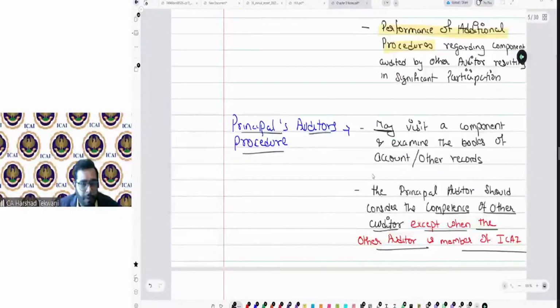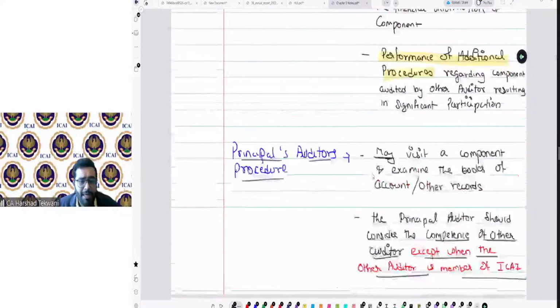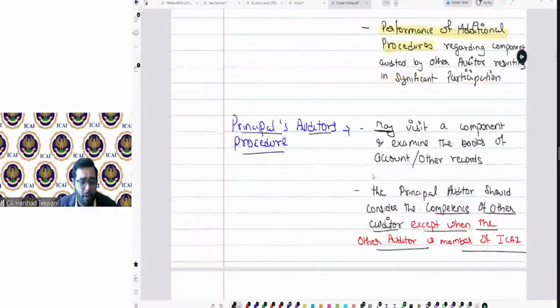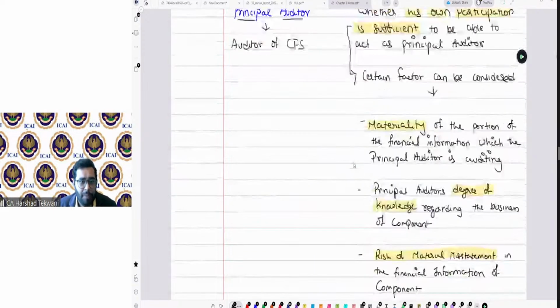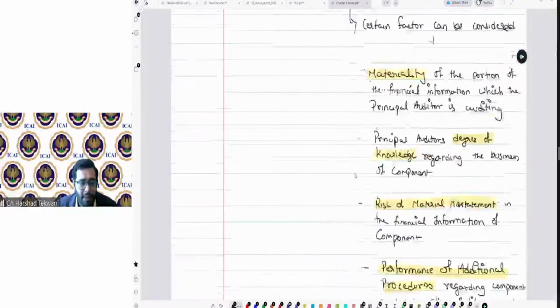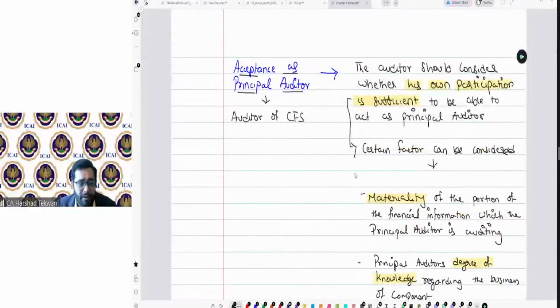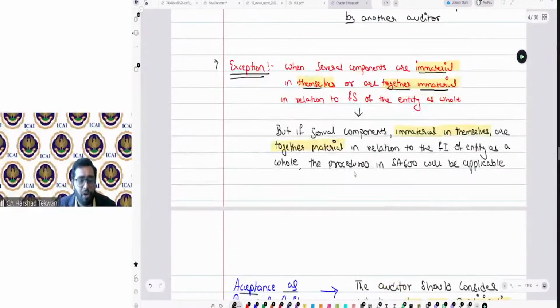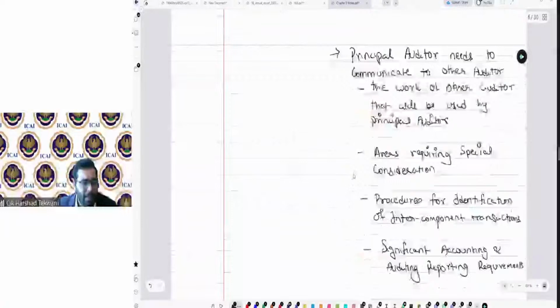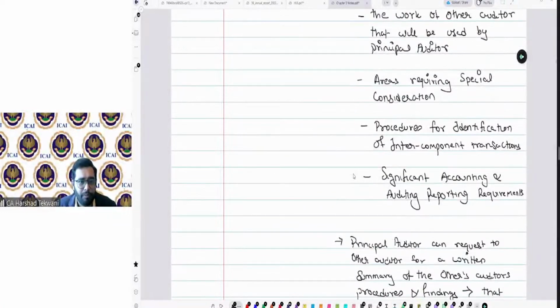If the component auditor is other than a member of ICAI, then the competency of the other auditor is required to be verified. Plus, when the component auditor is not a member of the institute, there are some procedures that are required to be performed.